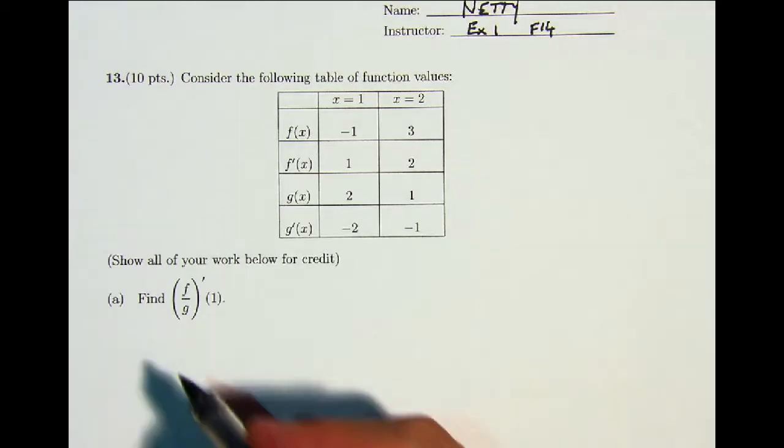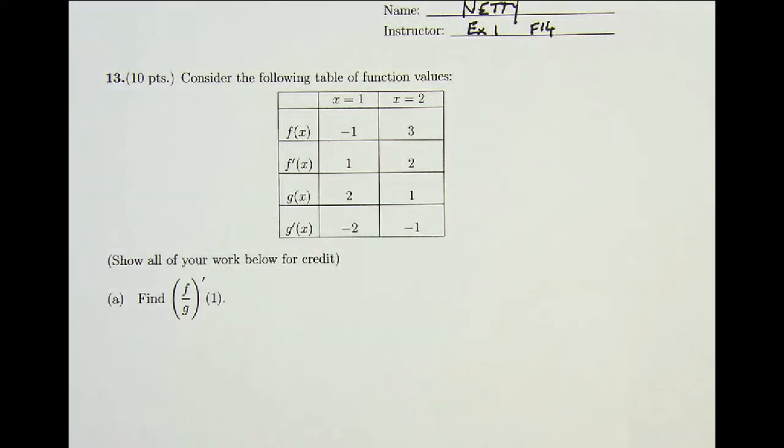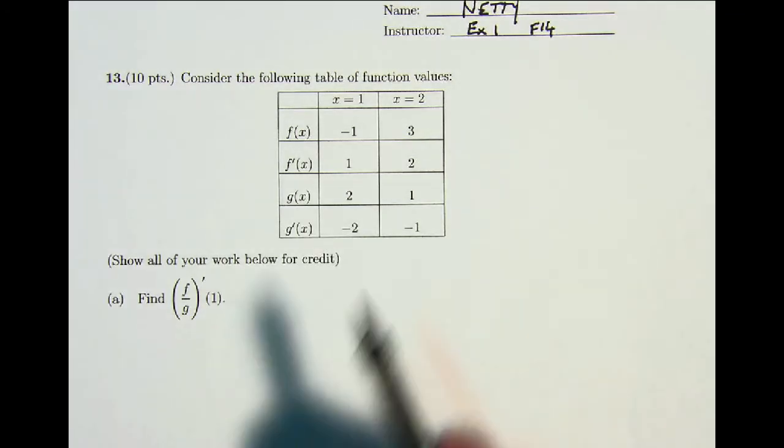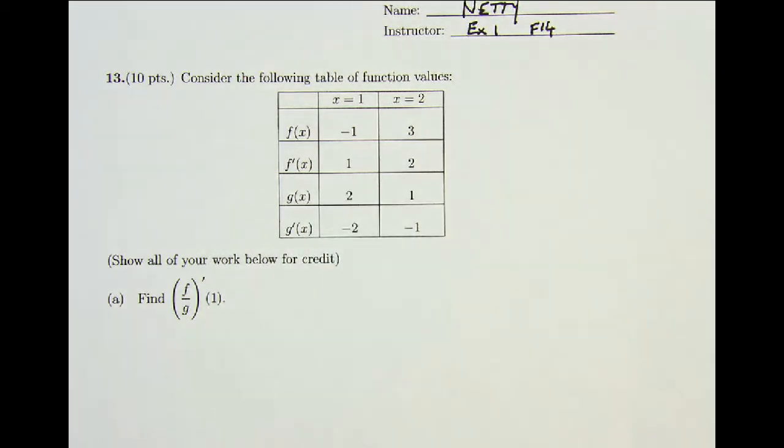Here we're asked to calculate the derivative of f over g at 1, given a table of values for f of x and f prime of x, g of x, g prime of x at various values of x.